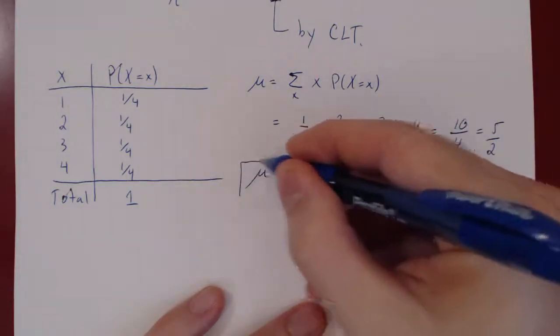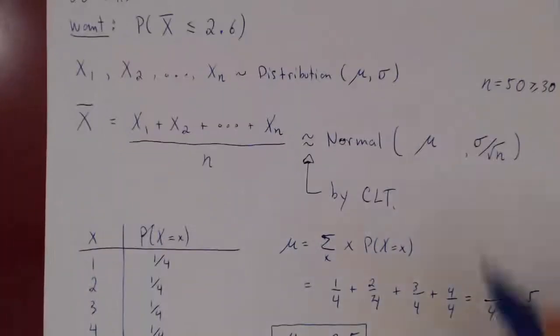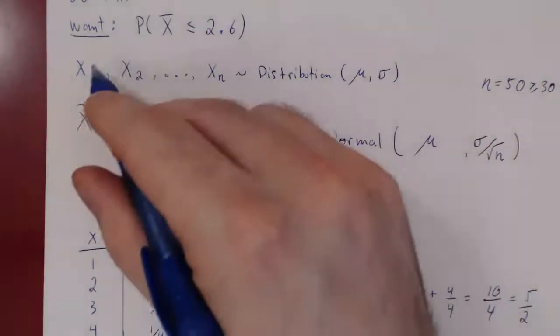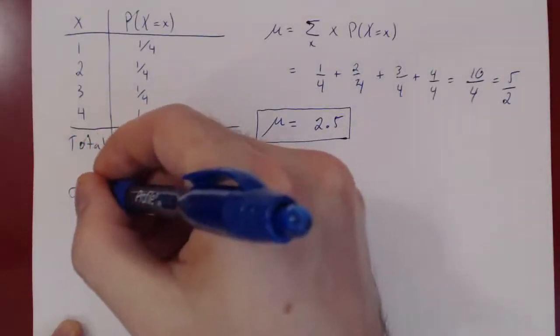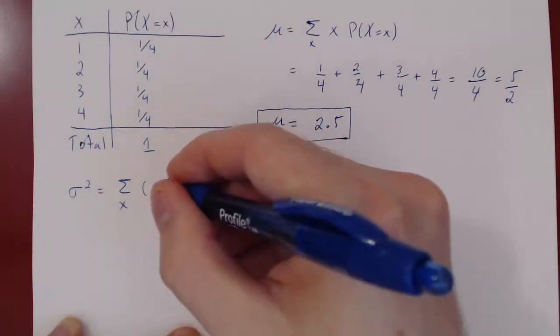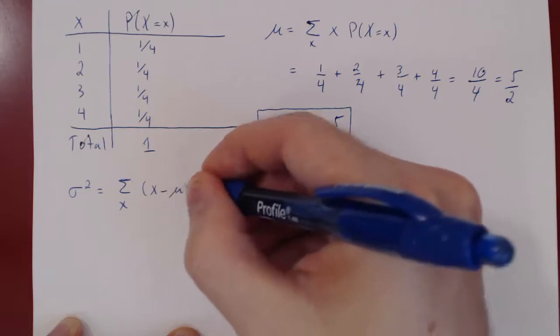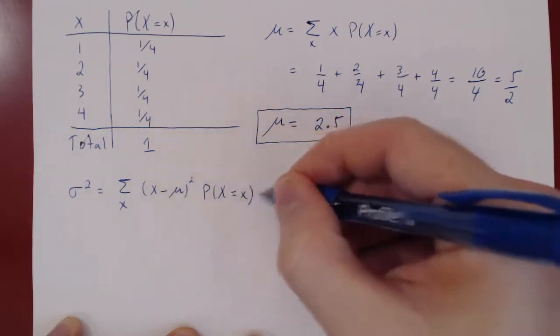So the mean is exactly 2.5. So now we have the mean. So we're halfway done. All we need now is the standard deviation for each roll. Well, let's first find the variance. If you remember, the variance will be the sum over all possible x values, and we sum the value minus the mean squared times the probability of observing this particular x value.